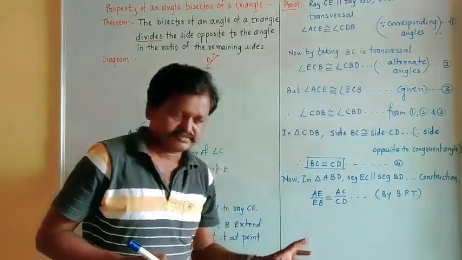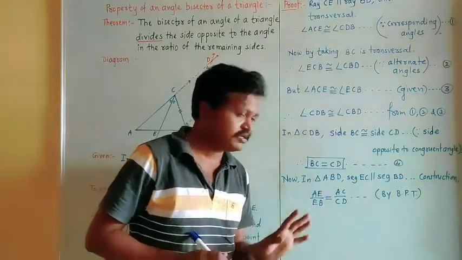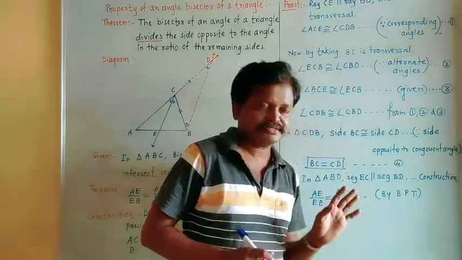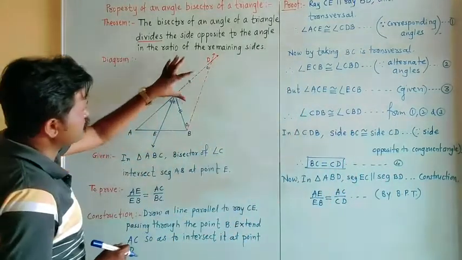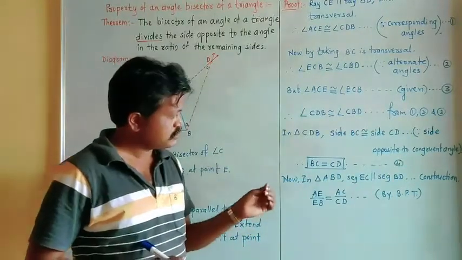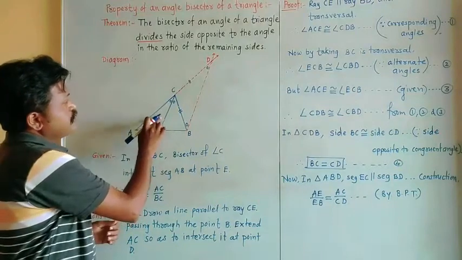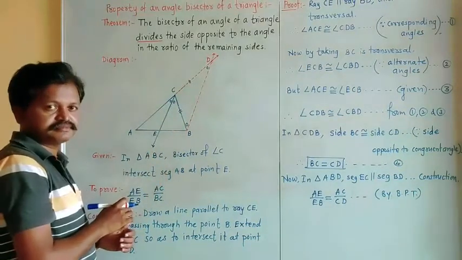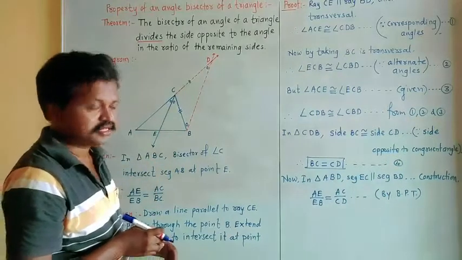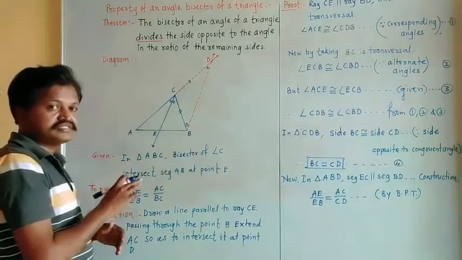Look here again. We write the statement: in triangle ABD, segment EC is parallel to segment BD. So that is our construction. If in a triangle one side is parallel to a side and intersects the remaining sides, it divides the remaining sides in the same proportion.